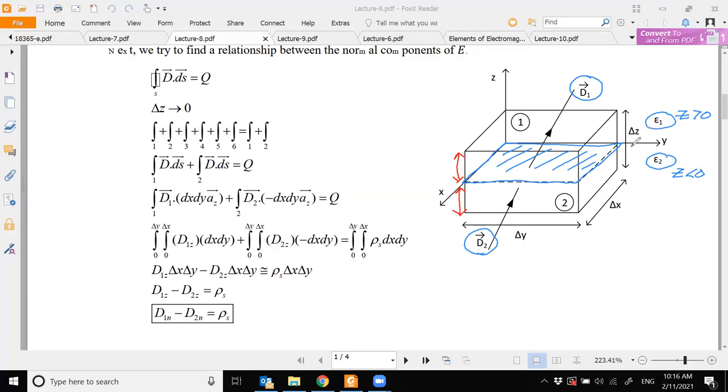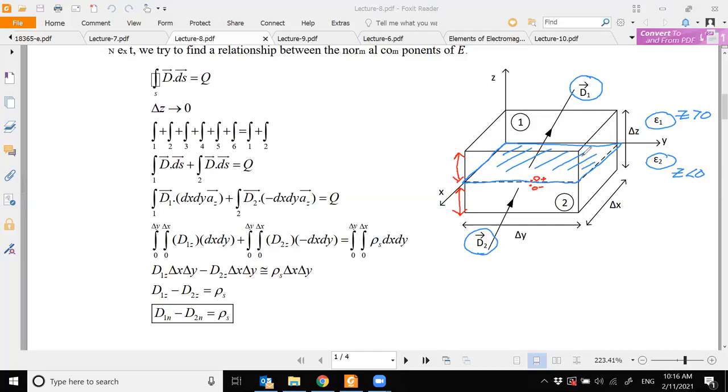Okay. So now again, we want to look at the electric field at the boundary. That means at z equal to 0 plus, just above this point, and 0 minus, just below. So to find the closed surface integral of D bar dot dS, how many surfaces do we have?